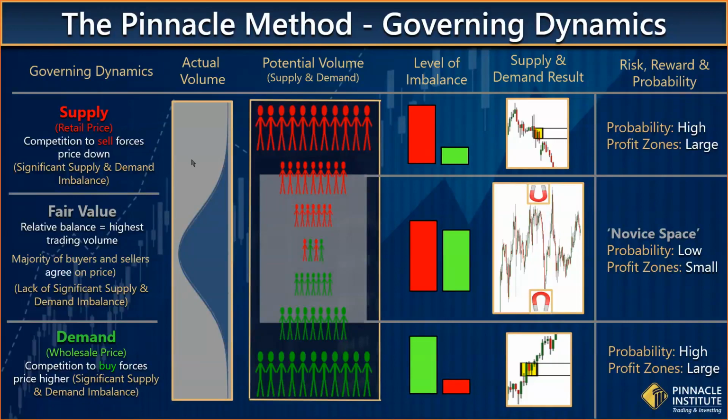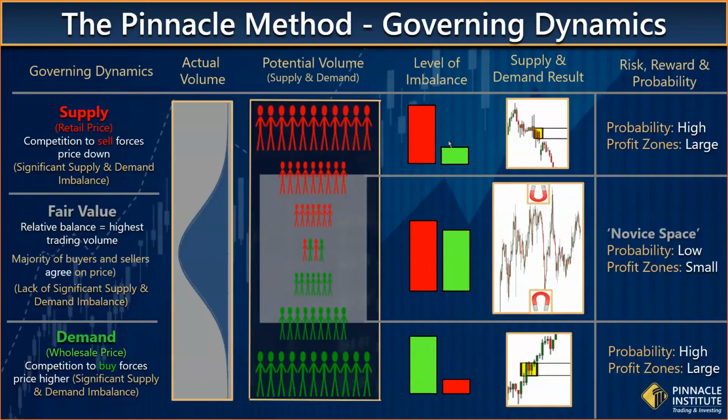At supply, supply exceeds demand. The best supply zones have the greatest imbalance. The larger the supply-demand imbalance on the supply side, the more competition there is to sell. That's what it means. And that competition to sell forces price down.